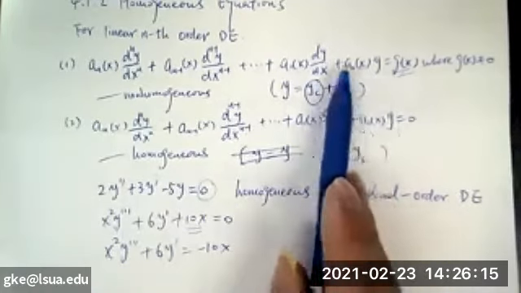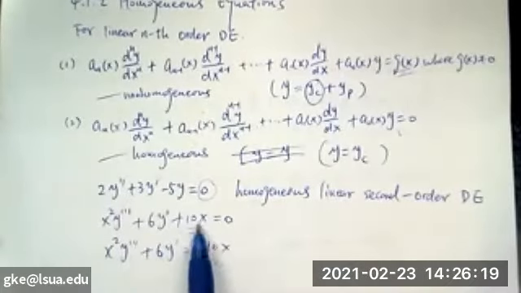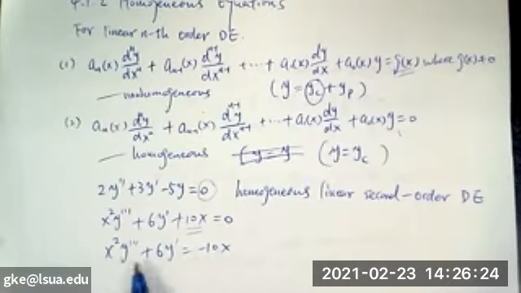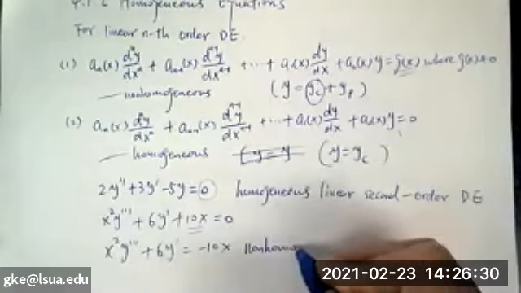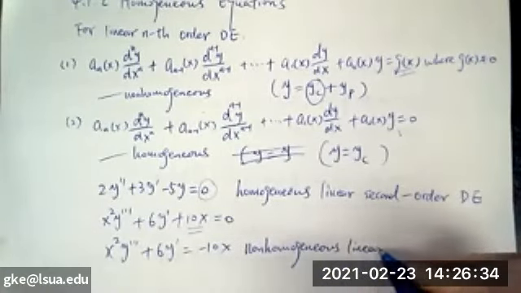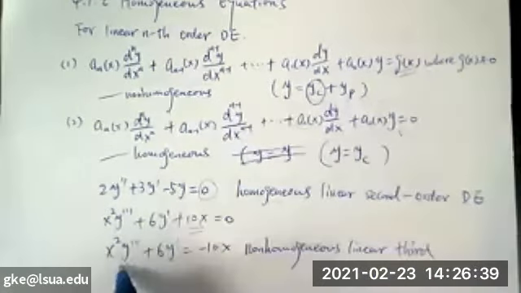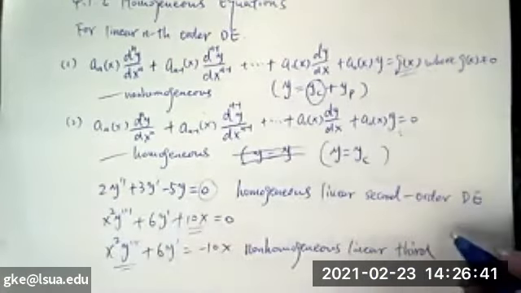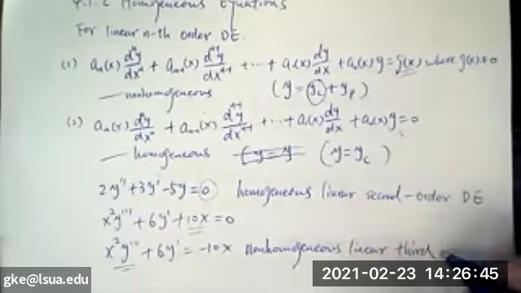Here we have x terms, so we need to move this term to the right-hand side. So that is a typical non-homogeneous linear third order equation, because the highest derivative is third, right?